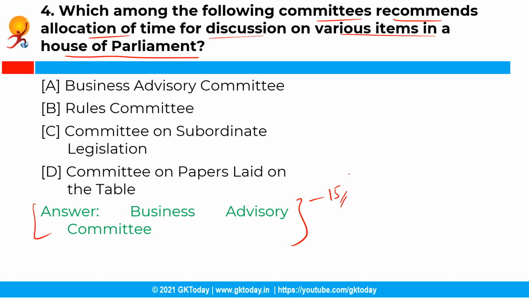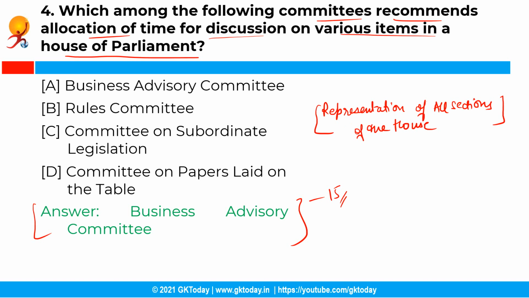See, almost all sections of the House are represented on the committee as per the respective strength of parties in the House, and the function of the committee is to recommend the time that should be allotted for the discussion of such government, legislative and other businesses as the Speaker, in consultation with the leader of the House, may direct to be referred to the committee.